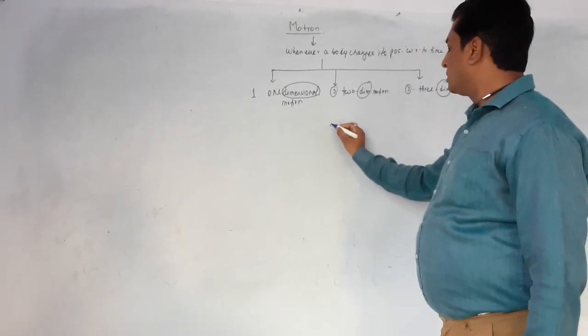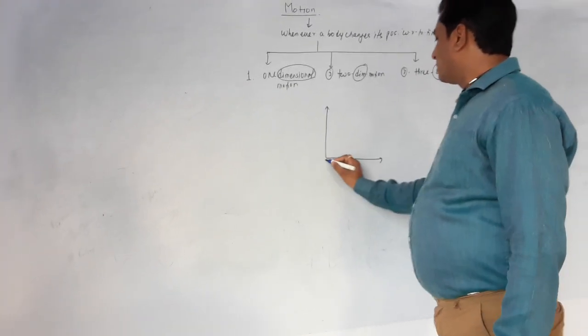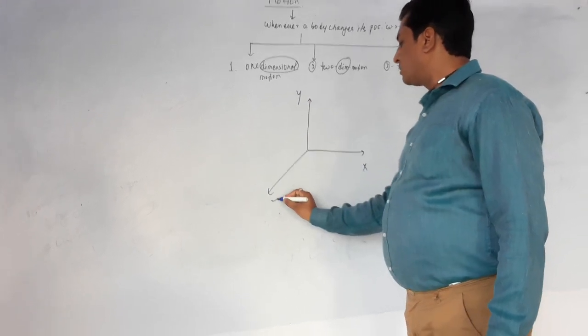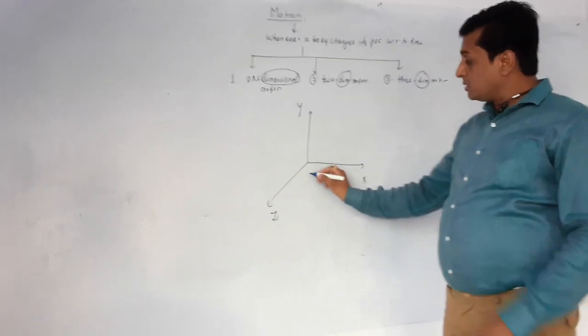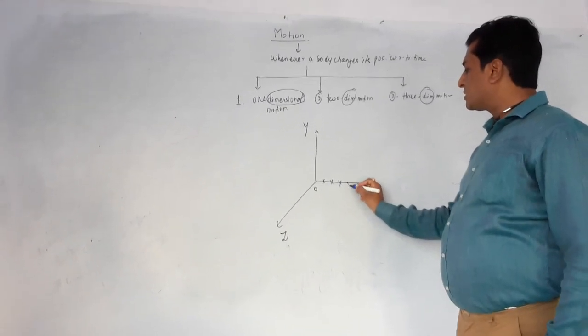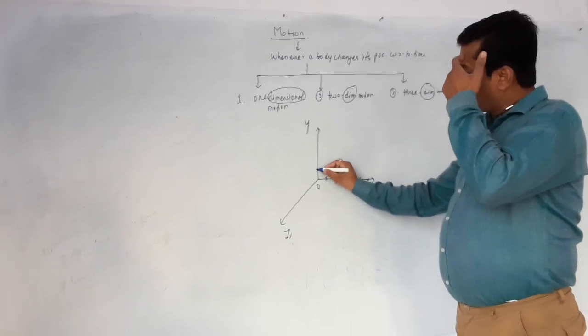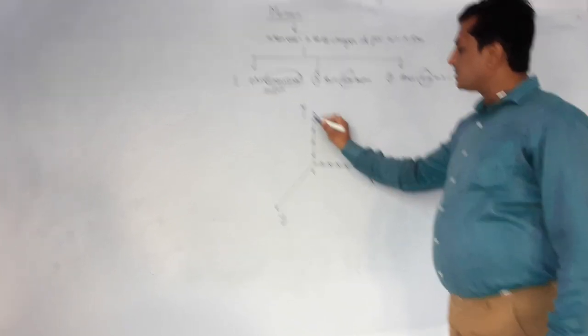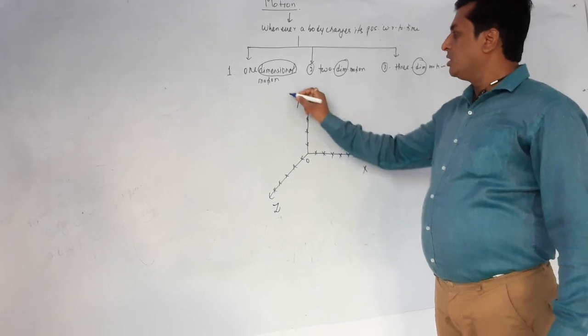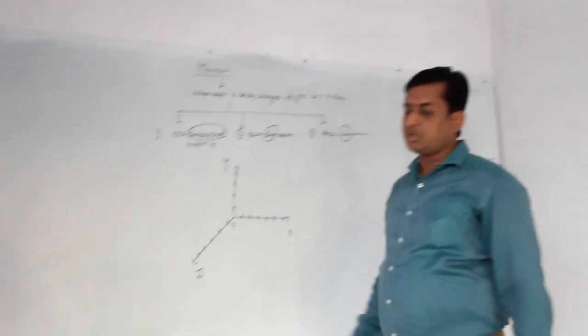This is the x-axis, this is the y-axis, this is the z-axis, and this is the origin. If any body is moving along any one axis, means along any one direction, then motion is said to be one dimensional.